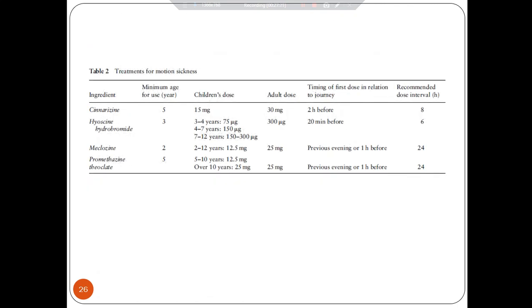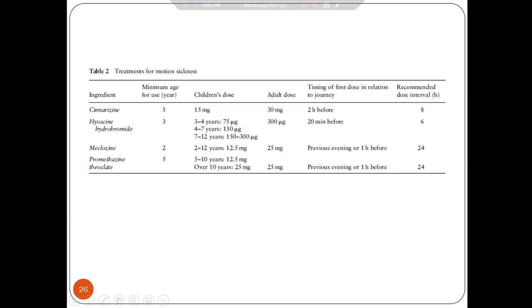In this table we have the OTC drugs for motion sickness prevention and their minimum age of use: cinnarizine 5 years, hyoscine 3 years, meclizine 2 years, bromistazine 5 years, along with the dose in children, the adult dose, and the timing of the first dose in relation to the journey. Cinnarizine should be given 2 hours before the journey, hyoscine 20 minutes before.